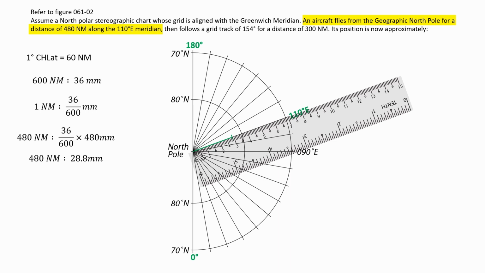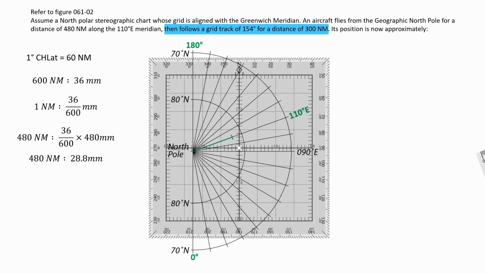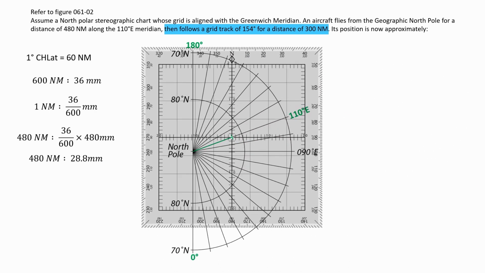Refer back to the question. Then follows a grid track of 154 degree for a distance of 300 nautical mile. We need to determine our track. To determine our track, we need to use a protractor. Align the protractor to our first position. North of the protractor need to be aligned to the grid north.